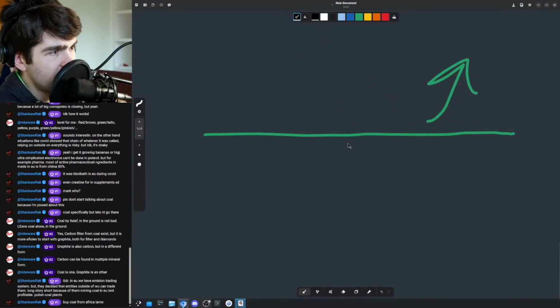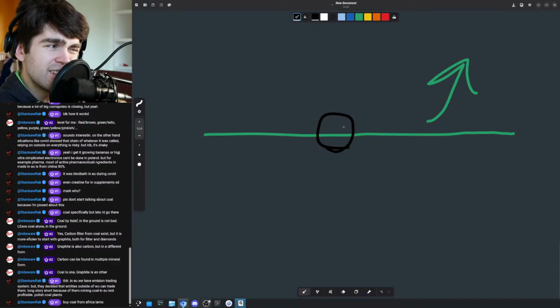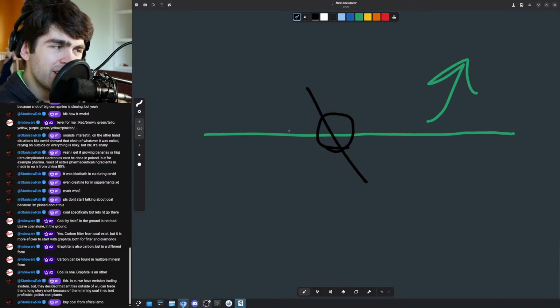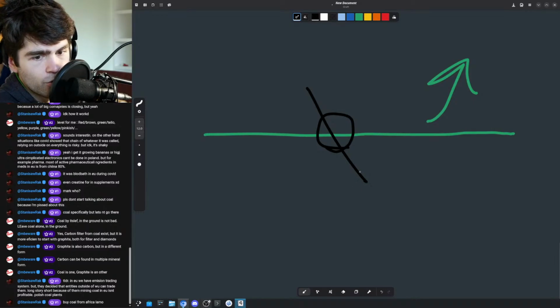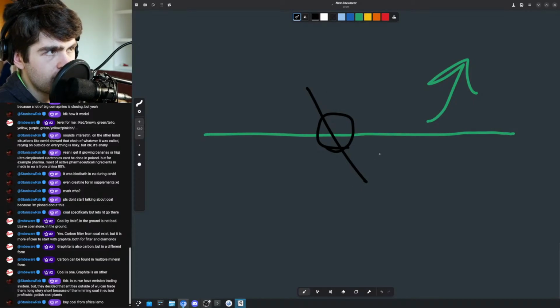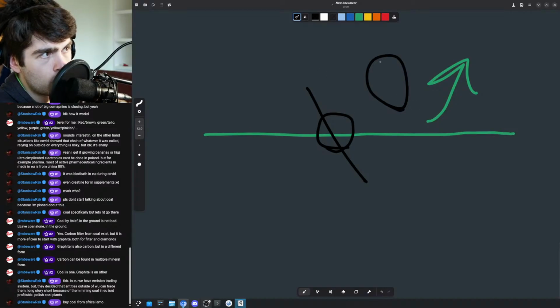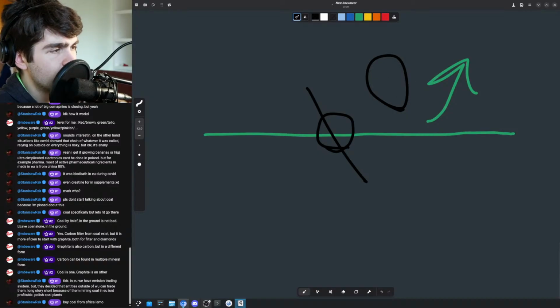Maybe coal sits here, so it's kind of in range, not low enough that we should delete it, but not high enough that we should make more. If that is the case, this would be a good move, because we would want to suppress the amount of coal being produced so that we can replace these jobs with more profitable, more productive jobs.